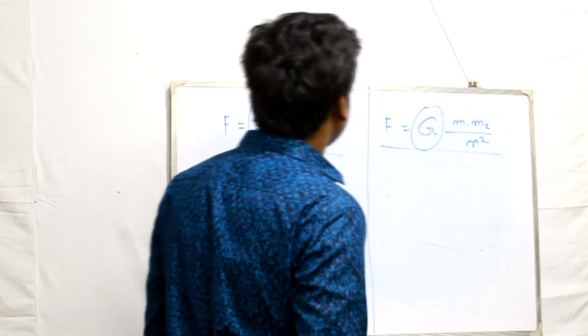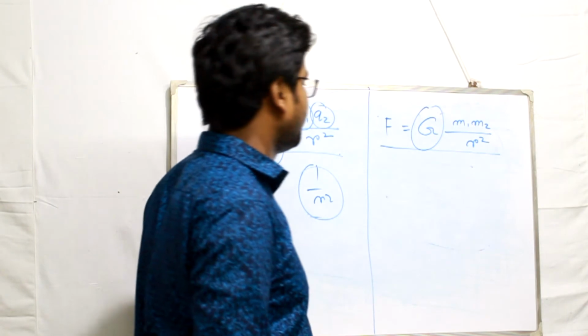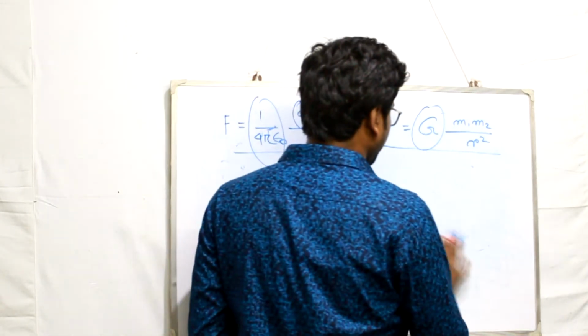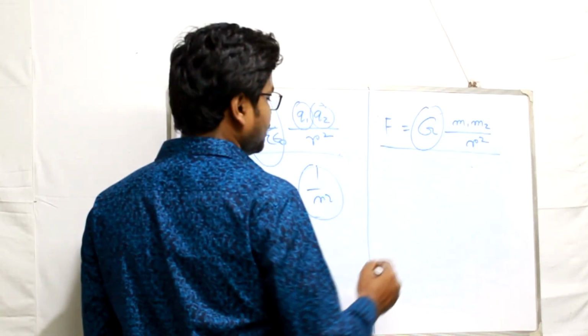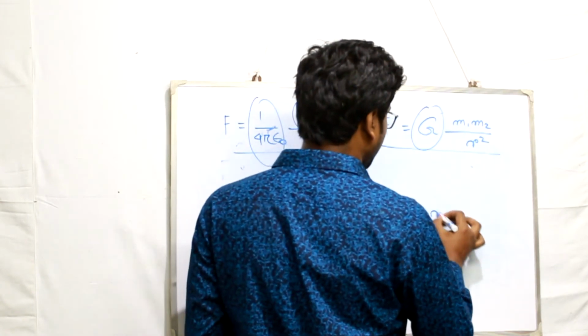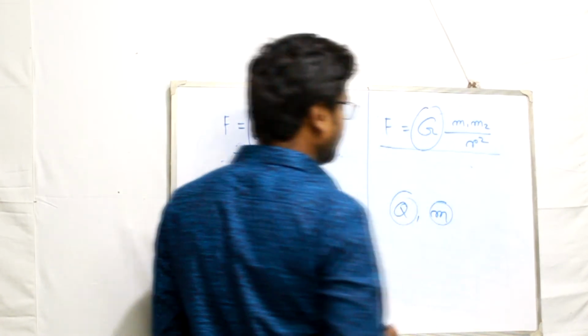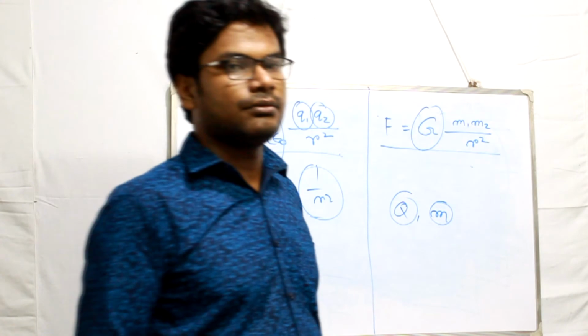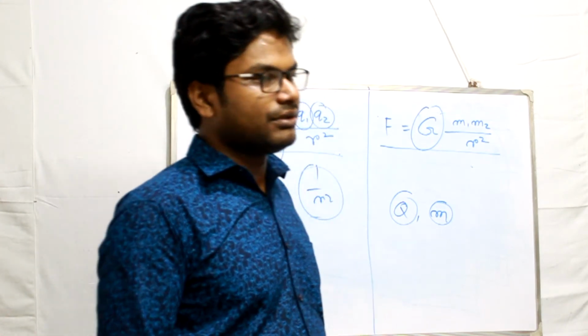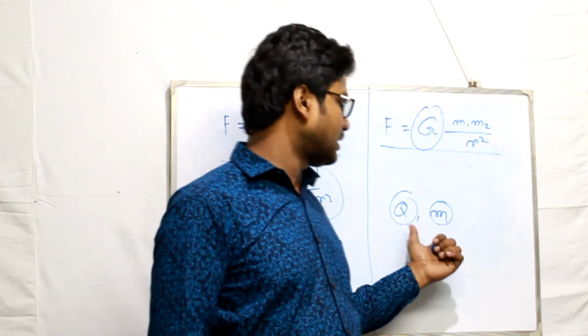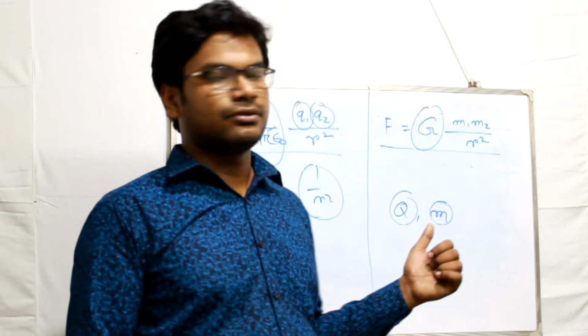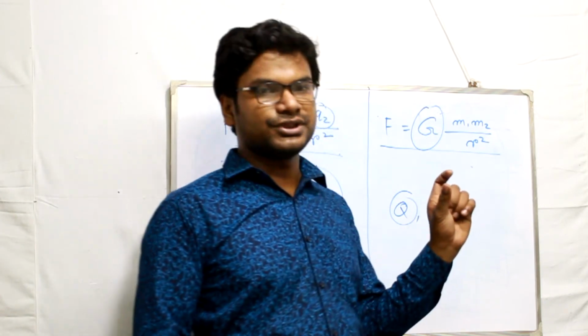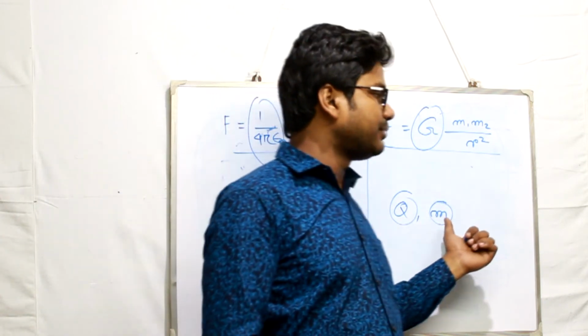Now the value of G and the value of M. Charge Q and mass are properties of any kind of particle. If there is a particle, it must have some amount of charge, maybe 0, and it must have some mass.